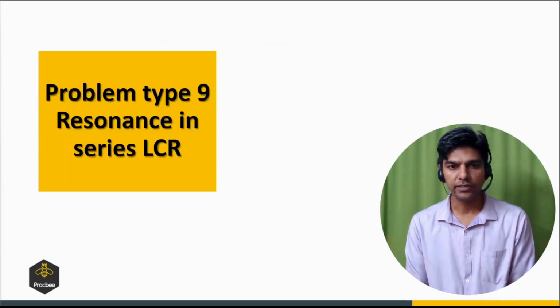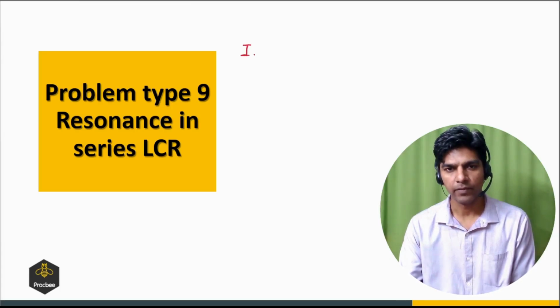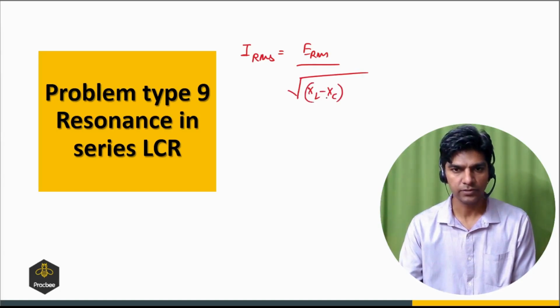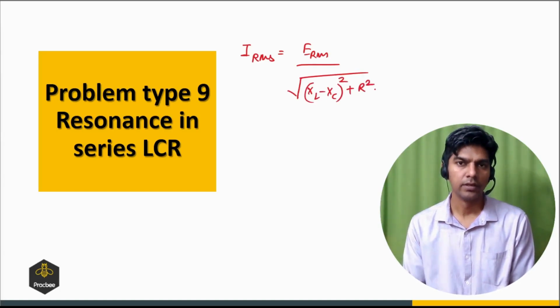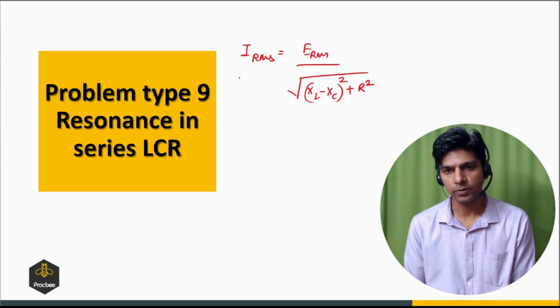Right, so now let us see the next problem type, and it is based on resonance in LCR circuit. We know that in an LCR circuit IRMS is ERMS divided by root of XL minus XC square plus R square. So at resonance the current will attain its maximum value.